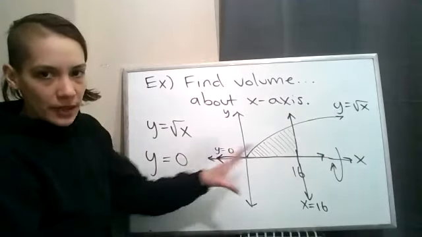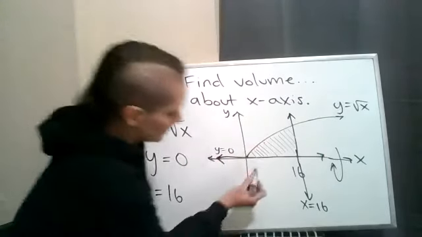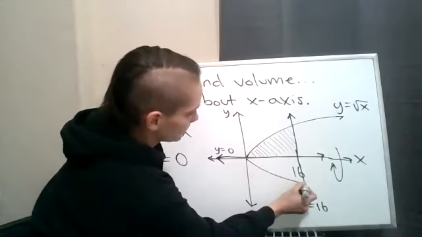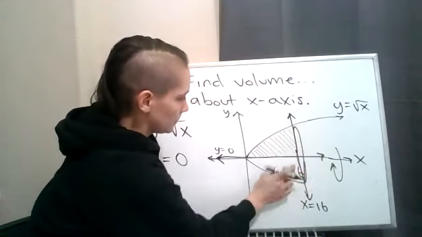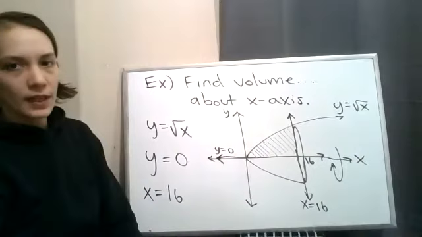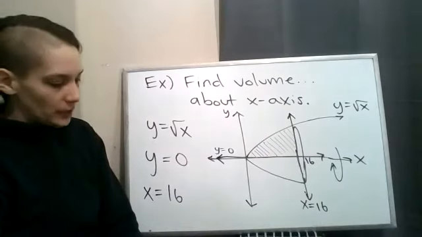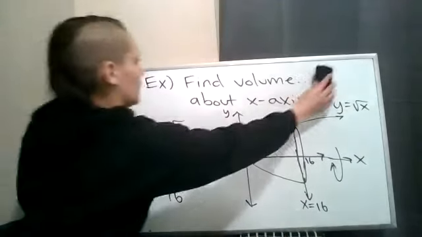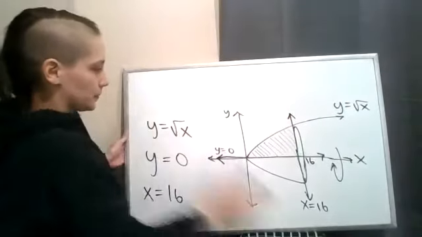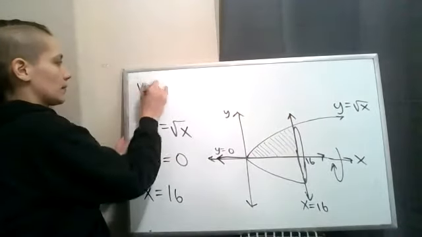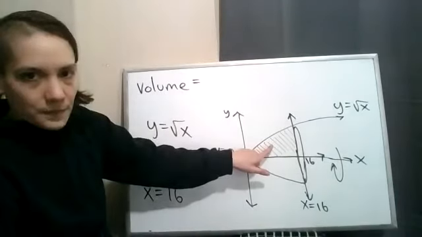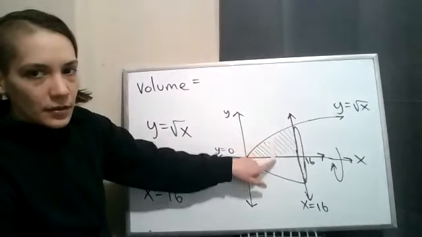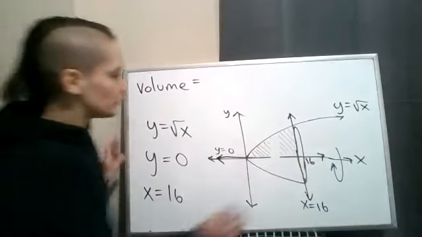So this one's kind of more of a cup, but on its side. So it's got another swoop, and then we swirled it around, and find the volume. Let's draw a disk in here before we set up the integral.